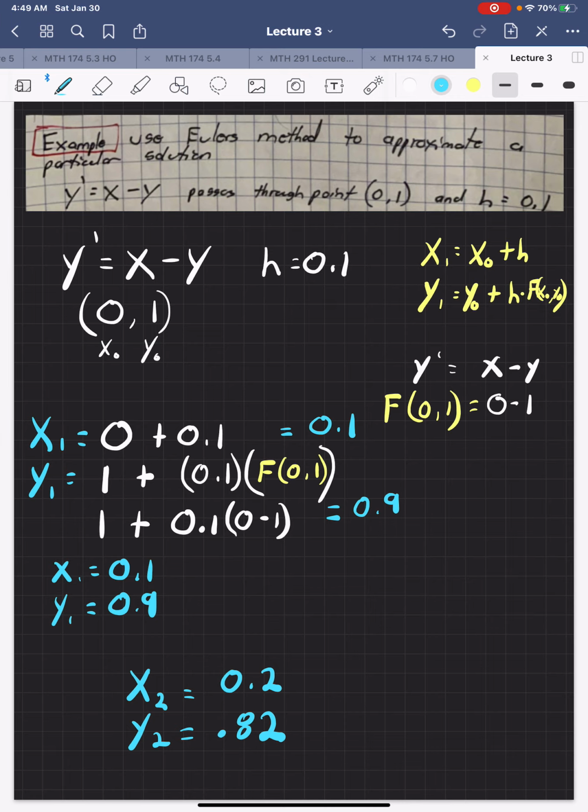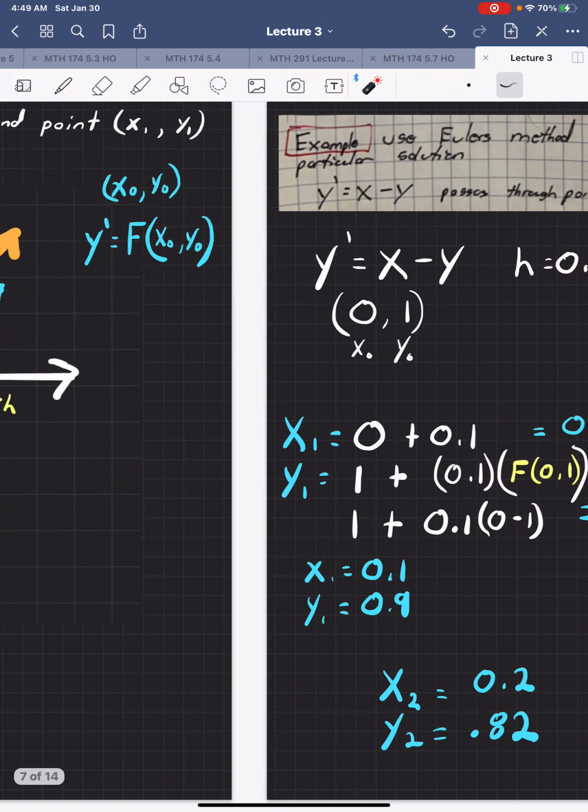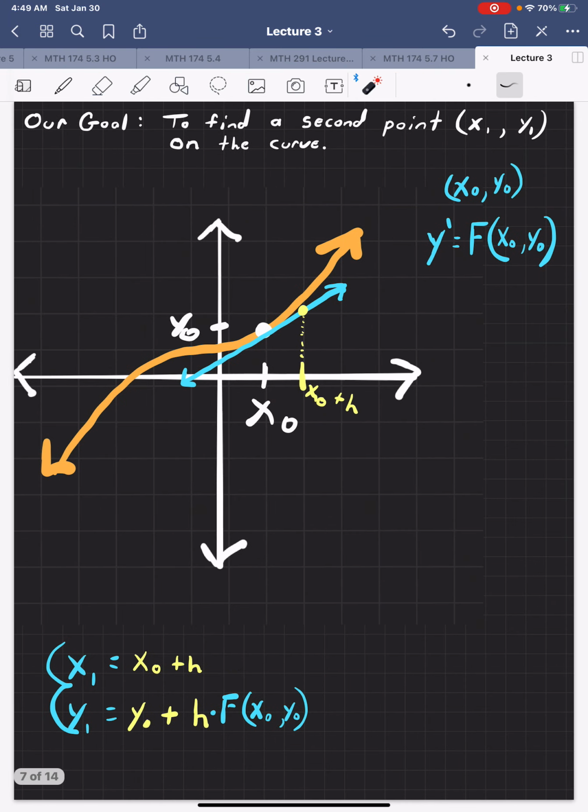So back to where we were. Remember, we are trying to approximate this orange curve, which is our real, true, particular solution to the differential equation. And we're doing okay. We have one point on our curve, and we're starting to approximate other points that are on the curve.